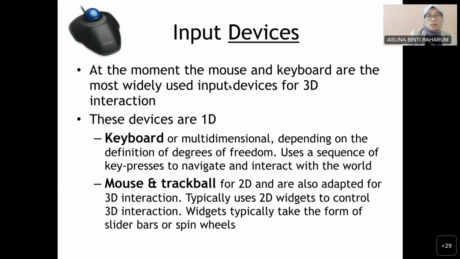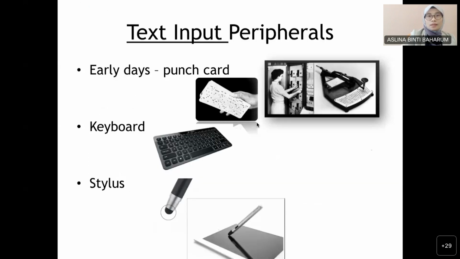So this is just to tell you about input devices. We have text input. We have three types: punch card, keyboard, and also stylus, where you give a text input.